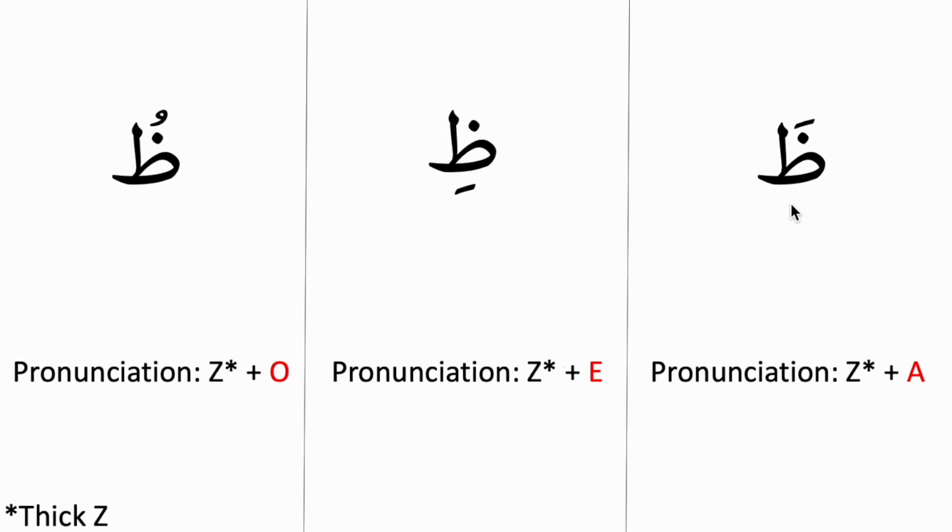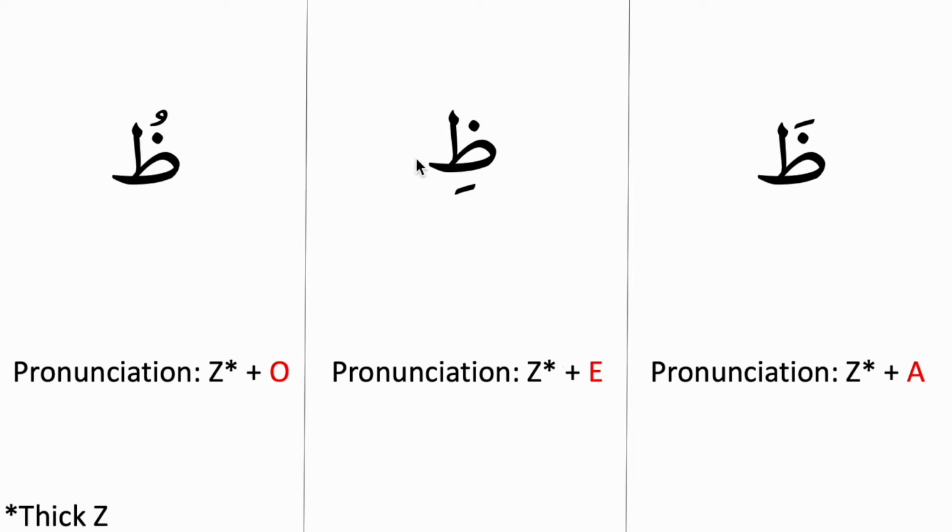As you all know, we pronounce z as thick z. So how do we pronounce z with fatha? Remember, we add a to the pronunciation of the letter, so we pronounce it as za.